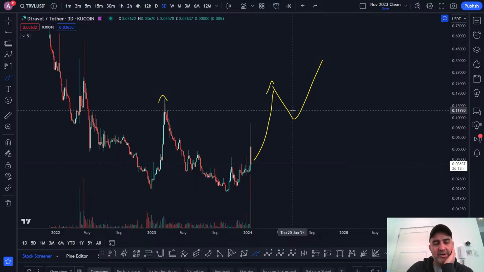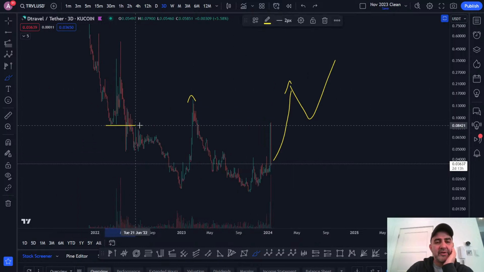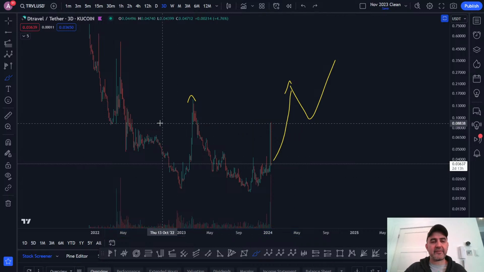We'll have to see how deep this right shoulder looks to form that pattern, but that would make sense. And maybe then the level for bulls to defend is going to be the 9 cents level. Once we clear it, we have to defend it.